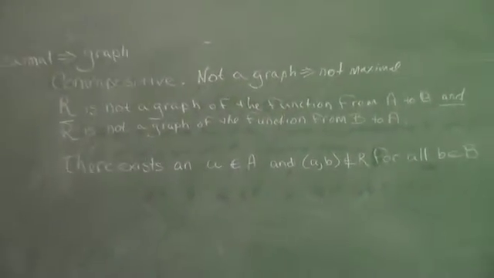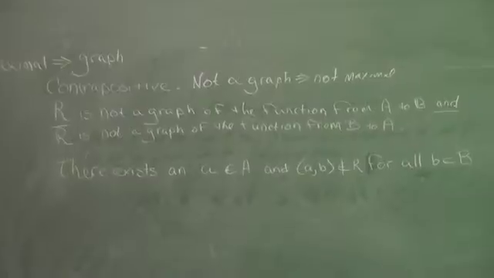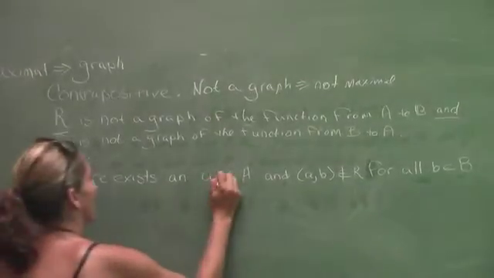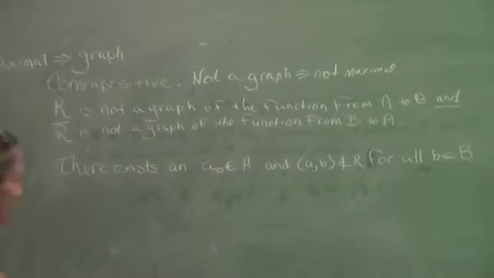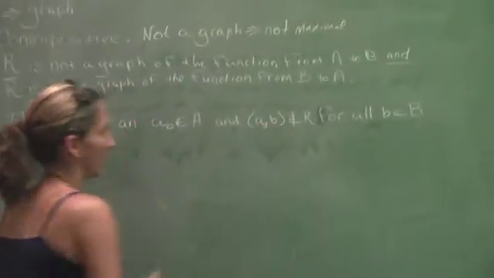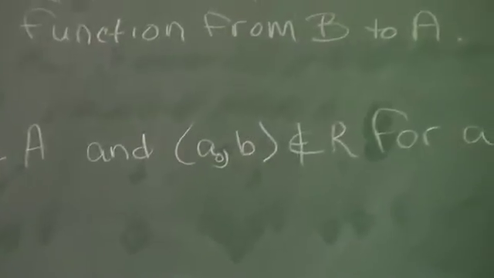Actually, let me phrase it a little bit differently. There exists an a sub 0 such that (a sub 0, b) is not in R for all b. Now let's do the second one.